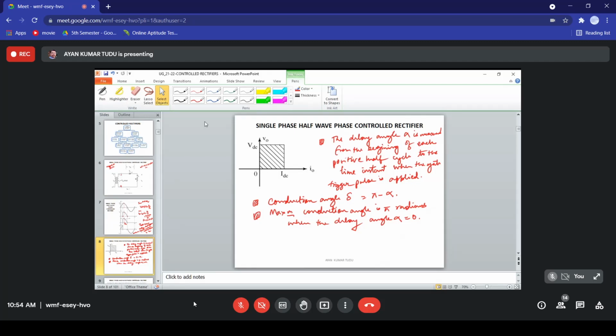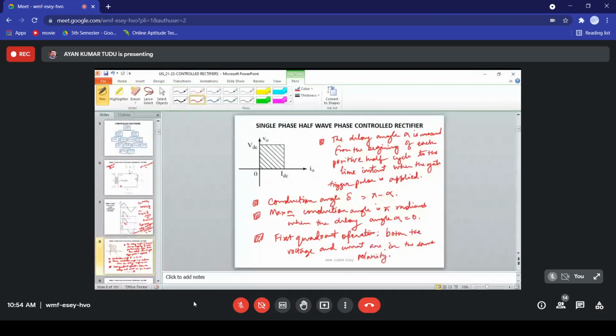hence this rectifier can be faithfully taken to be a first quadrant operation. Why? Because both the voltage and current are in the same polarity.